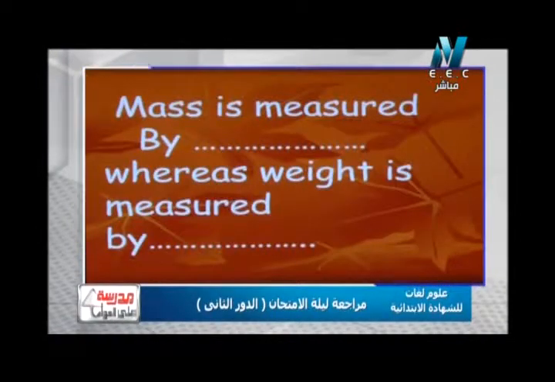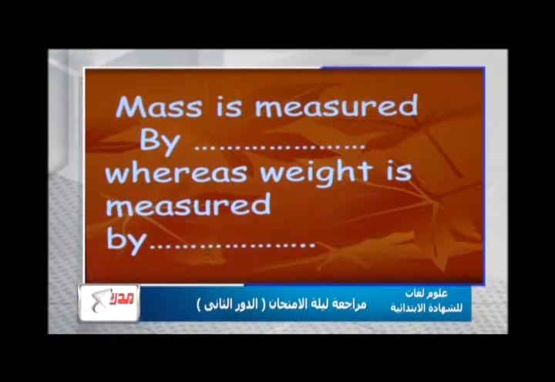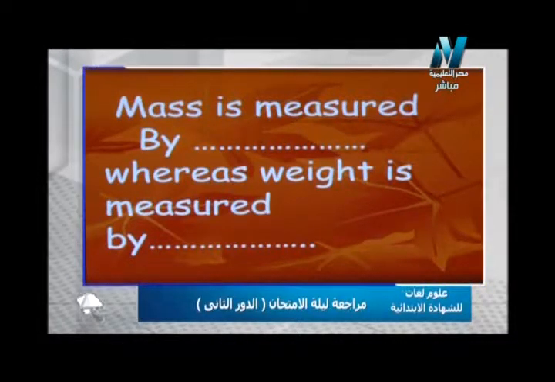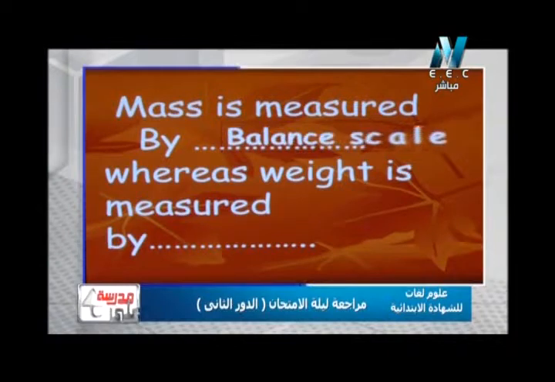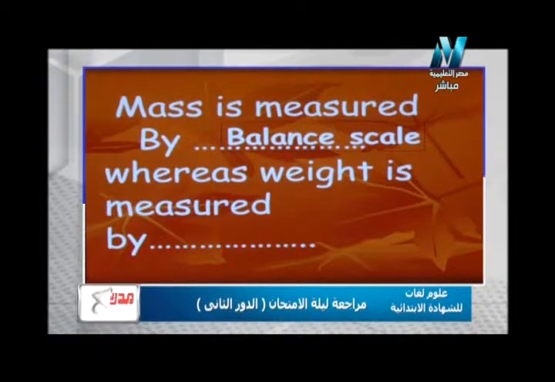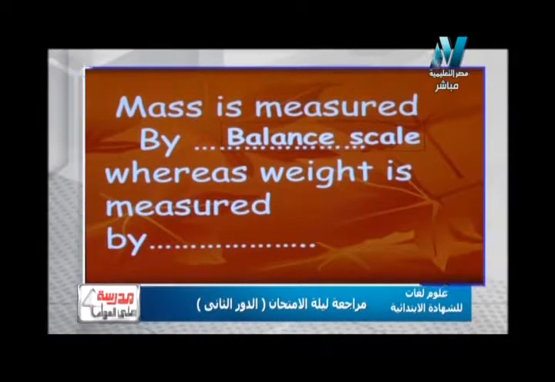Another question. Mass is measured by, whereas weight is measured by. That's the first point we have studied in this year. Mass is measured by balance scale. We have many scales I can use to measure mass, such as balance scale, digital scale, 2-arm scale, 1-arm scale, and so on.